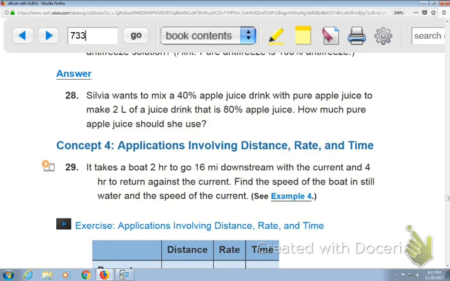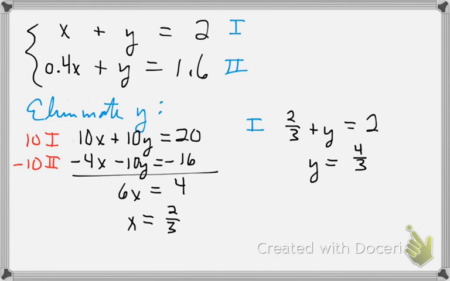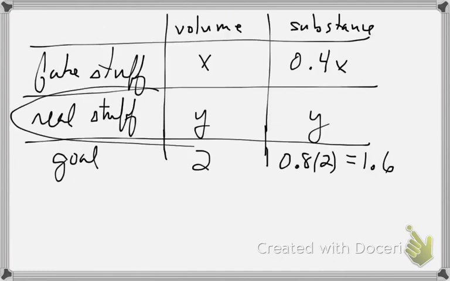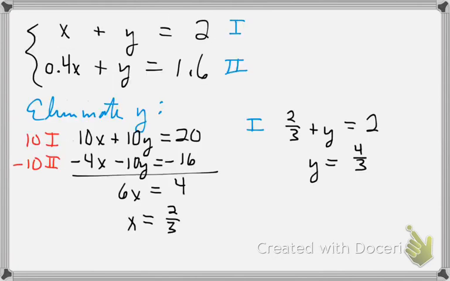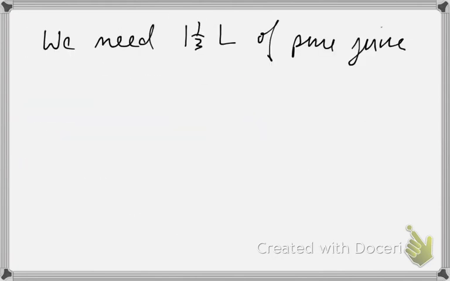They just wanted to know how much pure apple juice. That's the real stuff. 4/3. Yep. 4/3 of a liter or 1 1/3 liters, right?